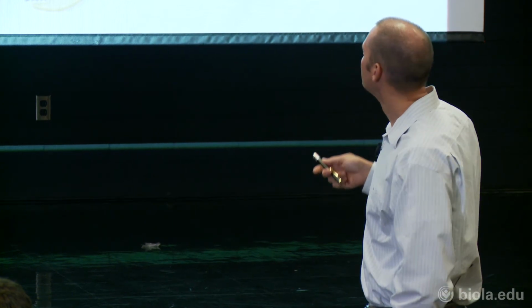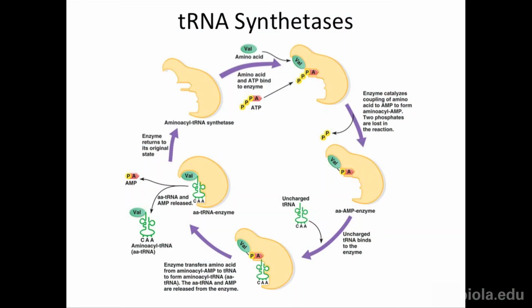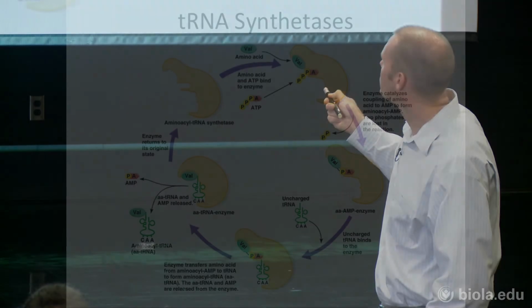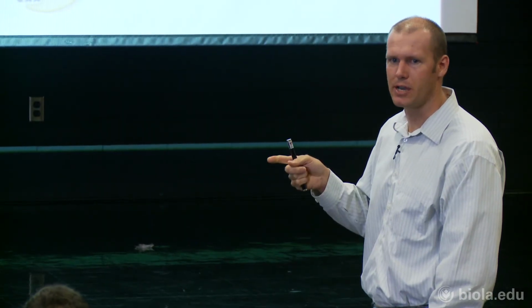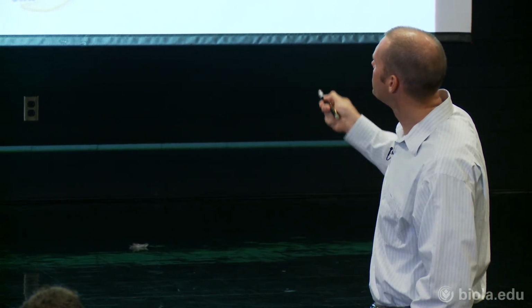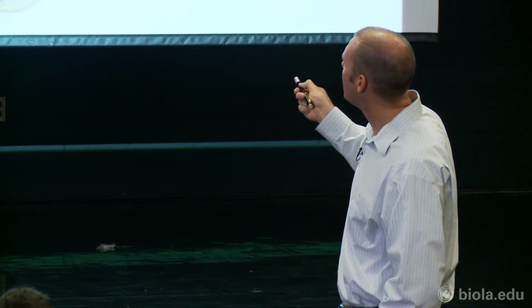Well, I'll go through this, and then in the process I'll repeat it. So here's an aminoacyl tRNA synthetase. This guy is going to specifically grab valine. So the first thing that they do is grab amino acids, and they'll grab specific amino acids, right? So this protein specifically knows to grab valines.